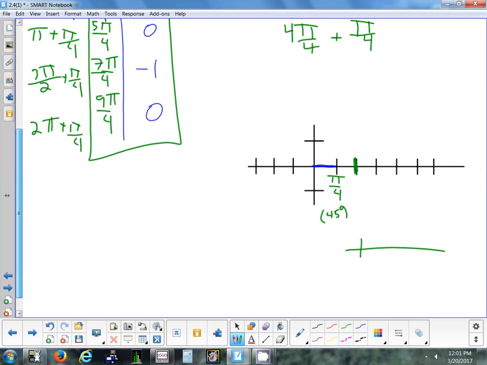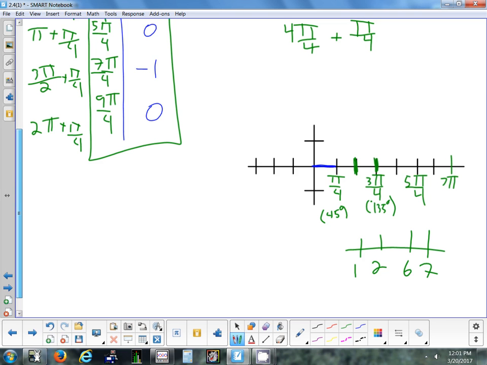That's kind of like doing a number line like this: 1, 2, 6, 7. You weren't consistent. You skipped some stuff. So the next one is right here. That's 135. 45 and 45 away from the first one. So 90 away. Okay, the next one is right here.